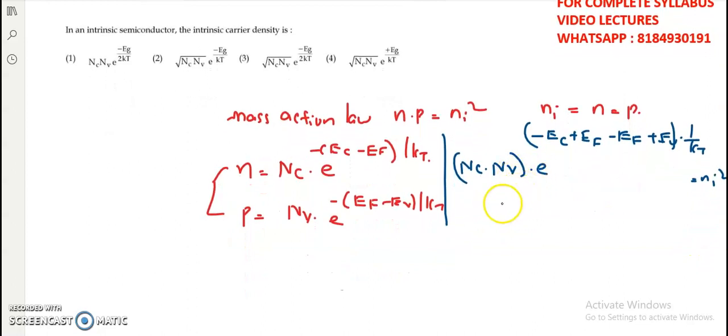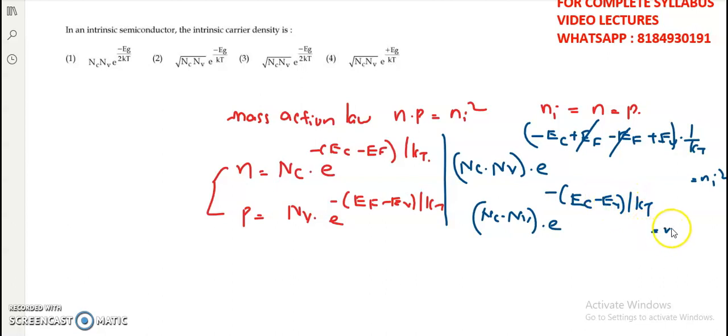Next, from this one, Nc into Nv into e power, you can see that plus Ef and minus Ef both get cancelled. Then, taking the minus as common, we get Ec minus Ev divided by Kt is equal to Ni square.